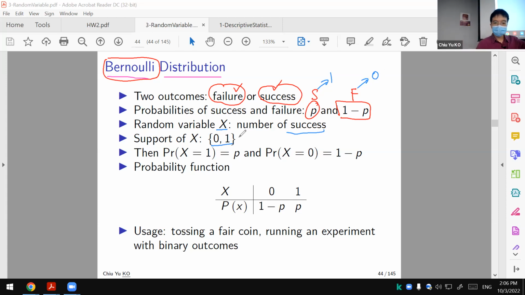Success probability P, okay, failure is 1 minus P, and we call the number of successes, okay, it's either 0 or 1, right? So that's the probability, right? And if you try to put it in the probability function like this, right? X is 0 or 1, and the probability is 1 minus P and P, okay?